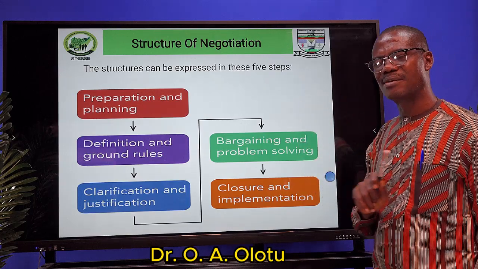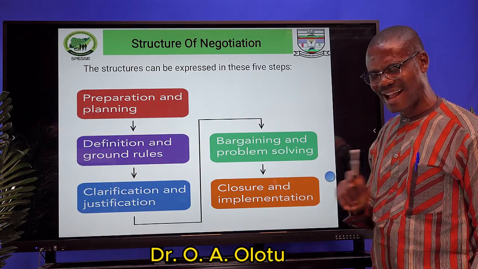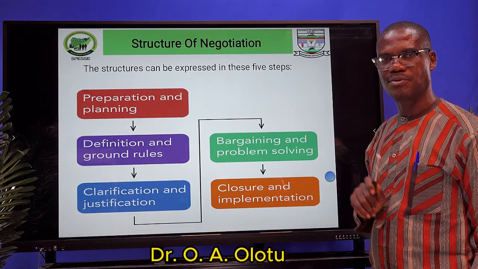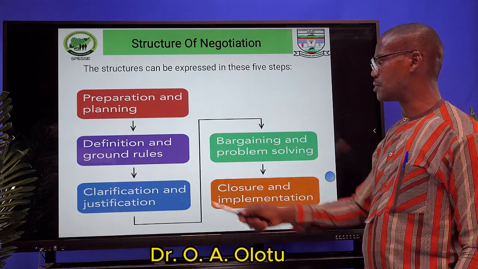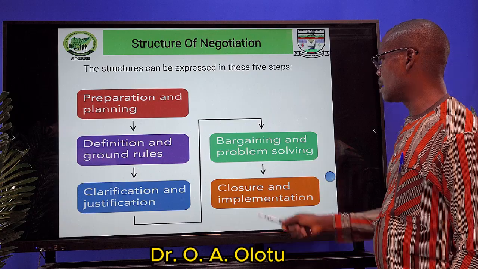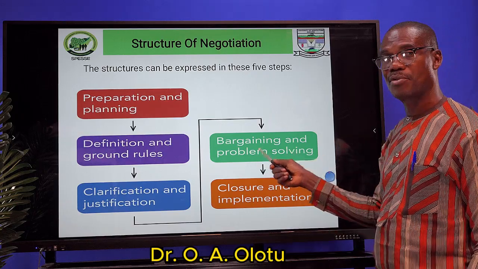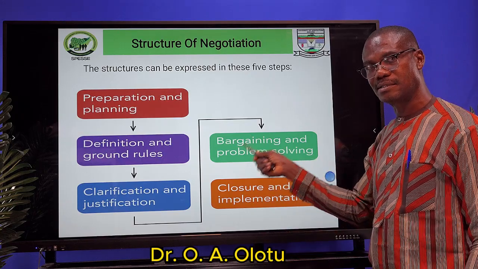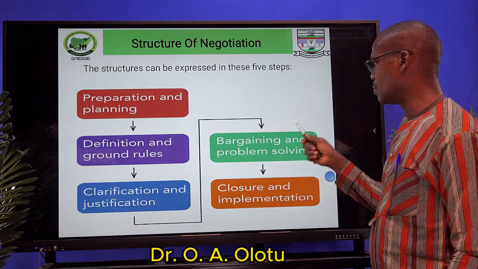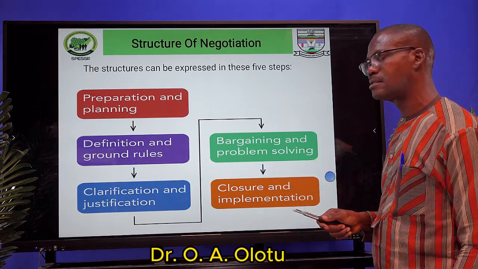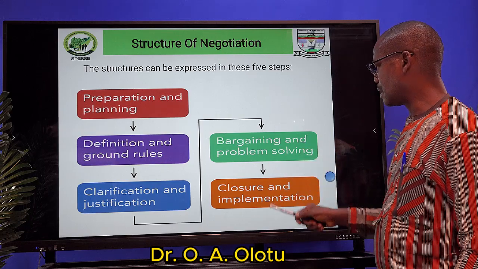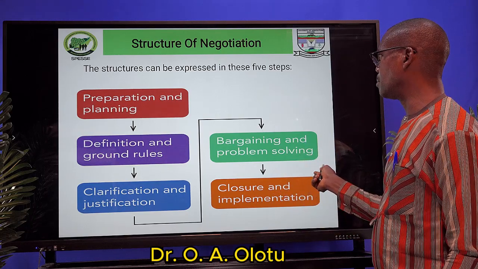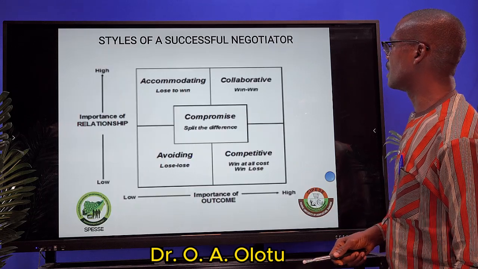And then there are ground rules that cannot be broken during negotiations, so those ground rules must be there. Then of course clarifications and justifications. And then before you come to the bargaining and problem solving, that is the nitty-gritty, the point at which we look at the document, we cross the T's and dot the I's. And then finally, closure and then implementation. That's the structure that we have.